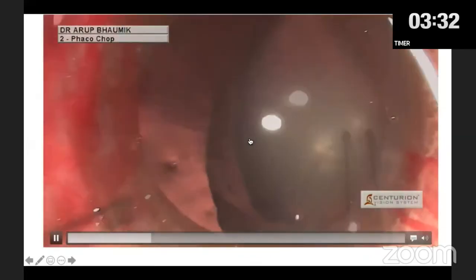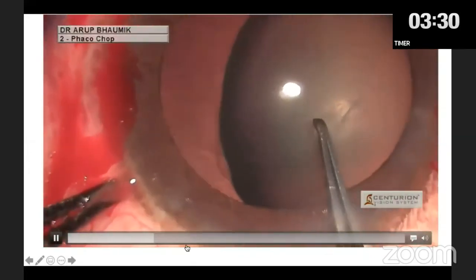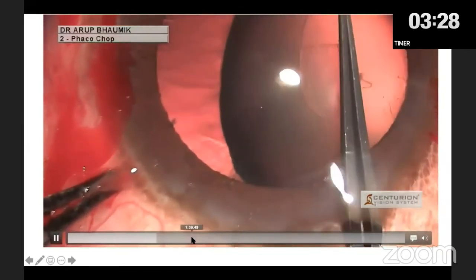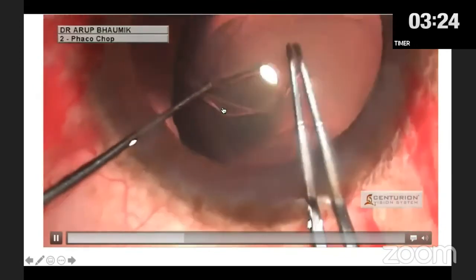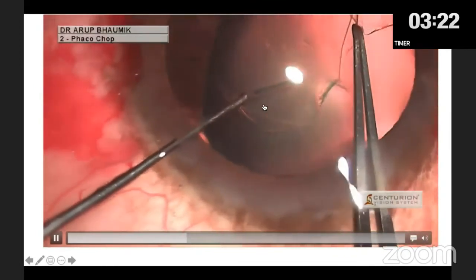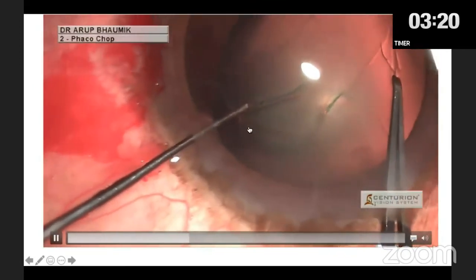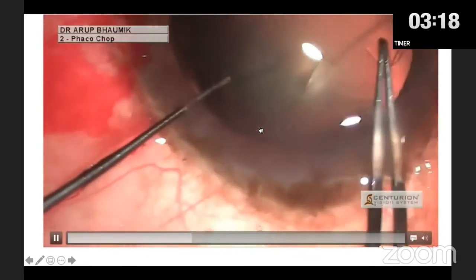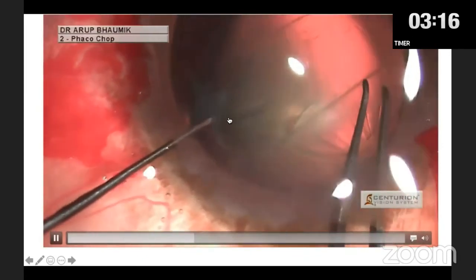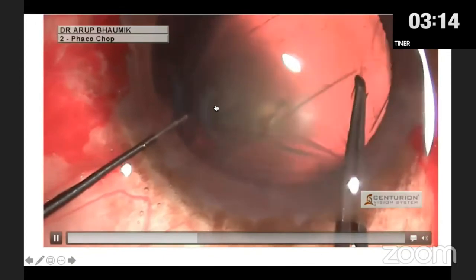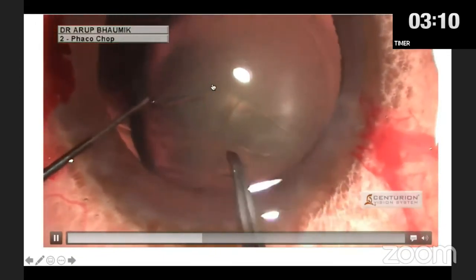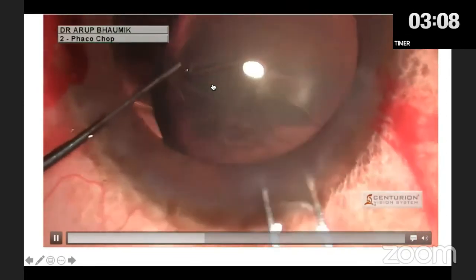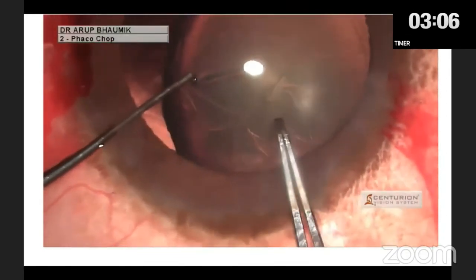This rhexis is an important factor for any kind of subluxation, because you have to have a 2 mm zone to put a CTR or Cioni segment, CTR segment, Cioni ring, to stabilize the bag. Otherwise, if you don't have the 2 mm edge from the equator, that Cioni segment or arm segment can slip out of the bag.